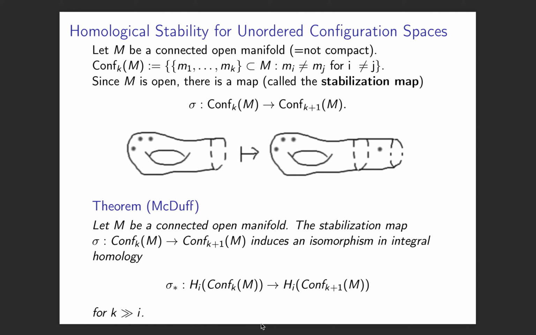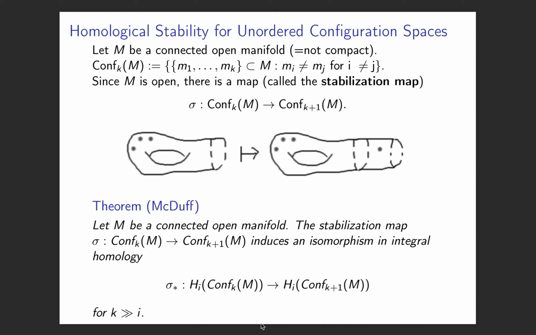So a result dating back to McDuff from the 1970s states that for M a connected open manifold, the stabilization map sigma from the configuration space of k points on M to the configuration space of k+1 points on M induces an isomorphism on integral homology, from homology in degree i of Conf_k(M) to homology in degree i of Conf_{k+1}(M).